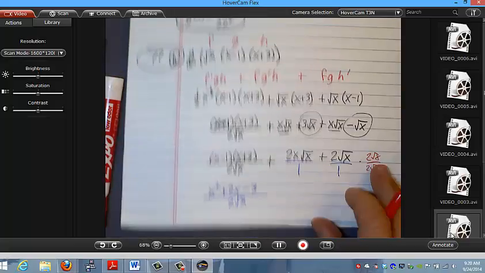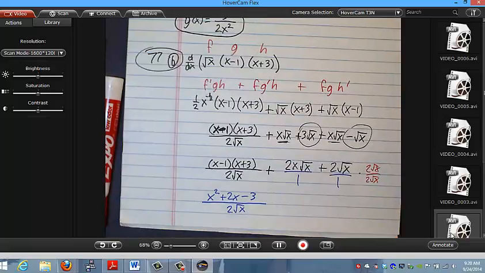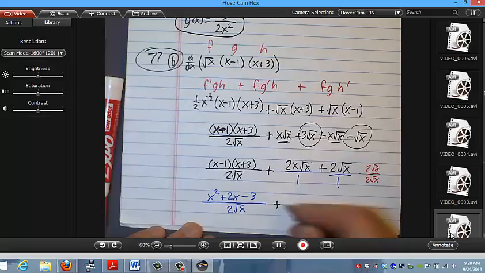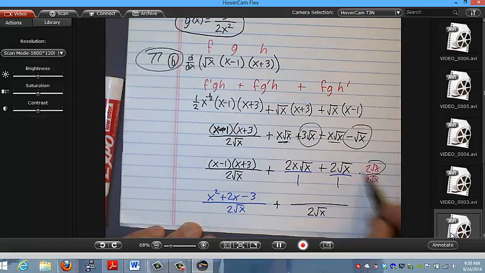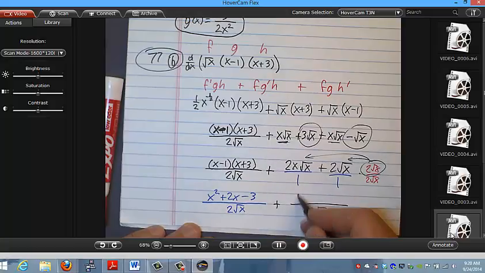Okay, so when I do that, this second fraction becomes something over 2 square root of x. I'll have to kind of distribute it. So when I multiply by 2 square root of x times this, I get 4. Square root of x times square root of x is x times the other x is x squared.